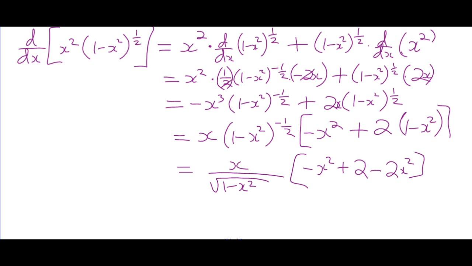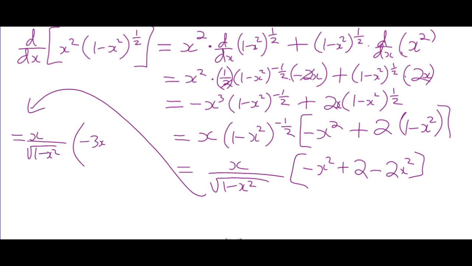Actually, I can go over here. Okay, what do we got? X over the root of 1 minus x squared. So what do we got? Negative 3x squared plus 2. That's pretty much what we got, right? All right, let's pull the negative out.